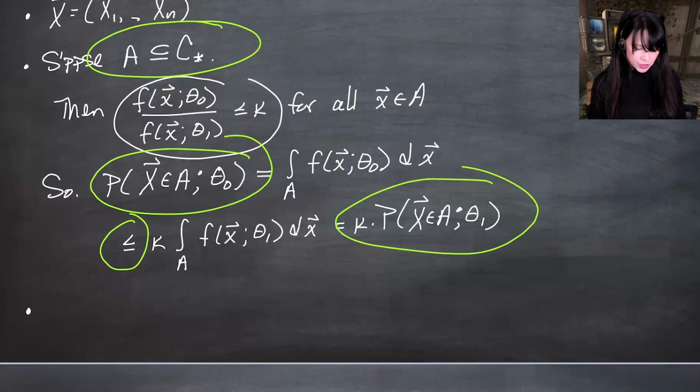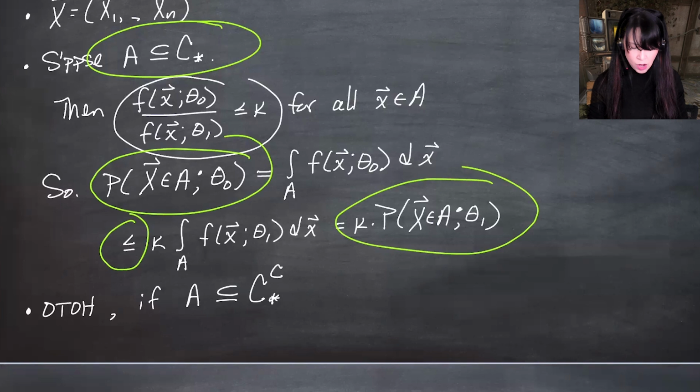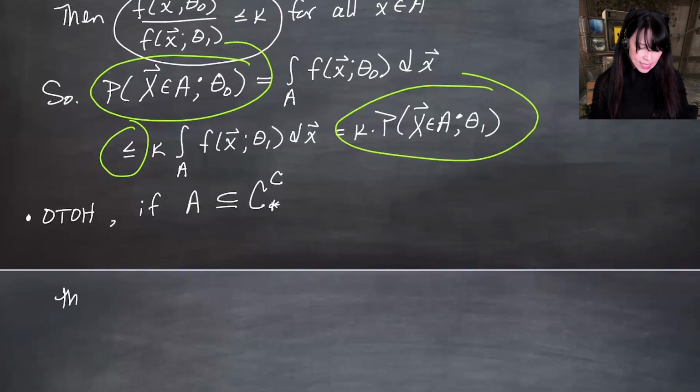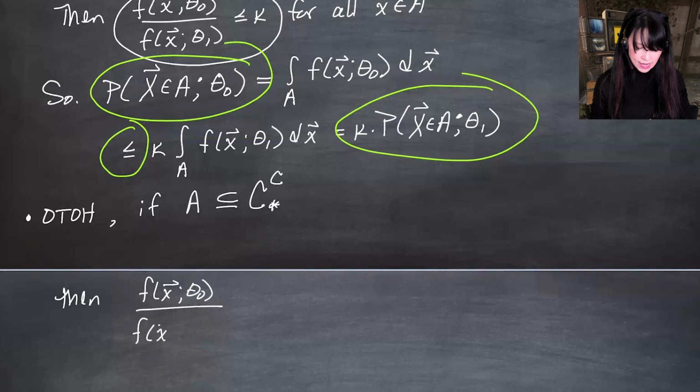So similarly, I'm just going to write, on the other hand, if A is not contained in C star, but contained in the complement of C star, then we get that this likelihood ratio, by definition, if X is in A, then X is not in C star.